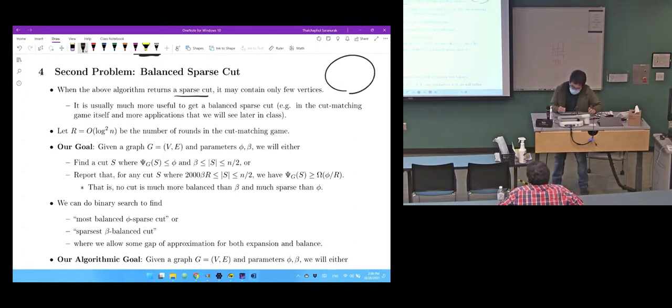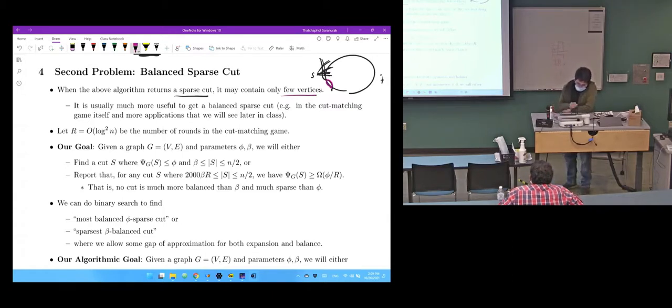If the size of the max flow is very close to A, just slightly less than A, then the min cut is going to look like this: everything here is of size almost A already, but it must be slightly less than A. You have some cut here, and it can be tiny, containing very few vertices.